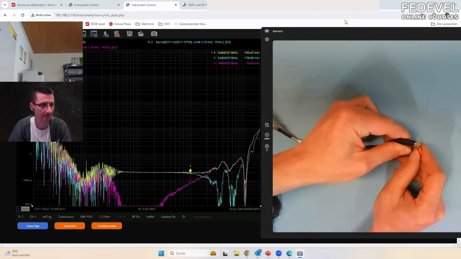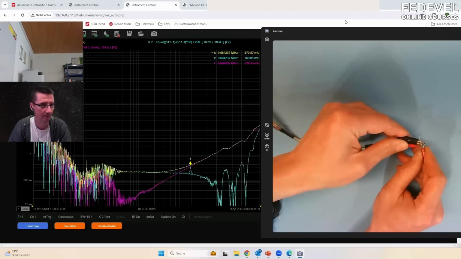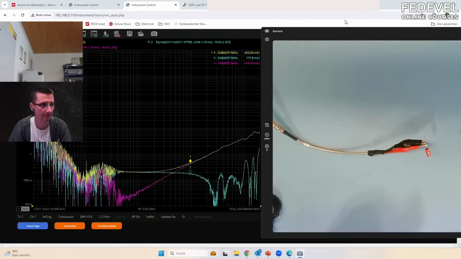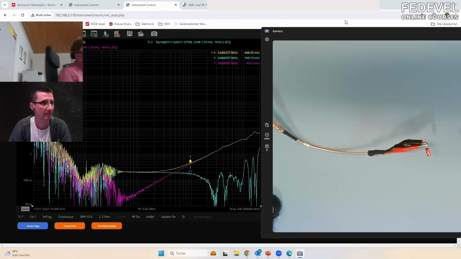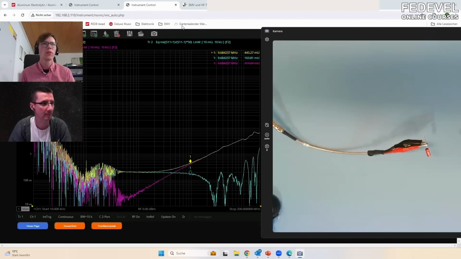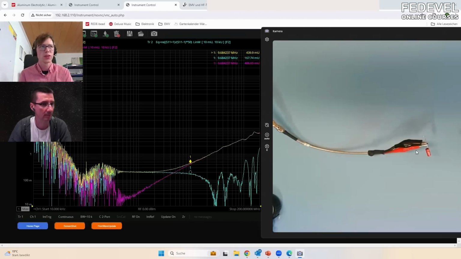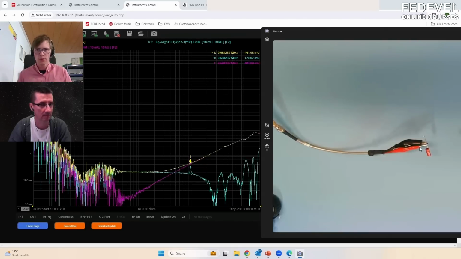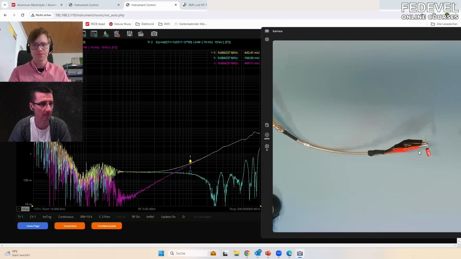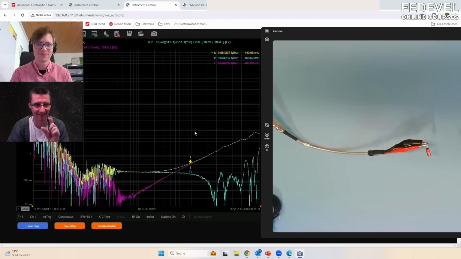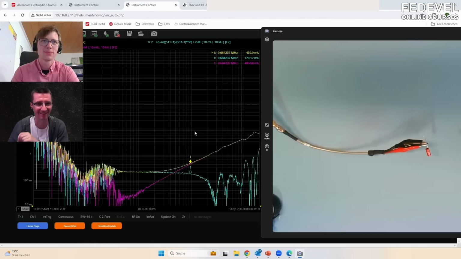So when I go a little bit higher, with a little bit more distance, now we have about 0.4, and before that we had an impedance of 1.4. So the shorter the line, the less inductive part you have. This is a very nice demonstration of how much inductance this short wire has.